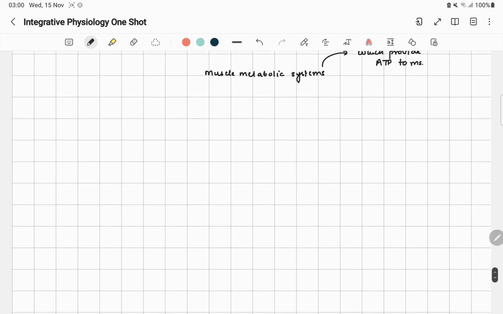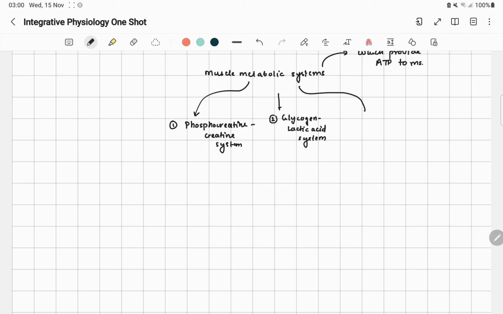First of all, we have the phosphocreatine system, then the glycogen lactic acid system, and third, the aerobic system.